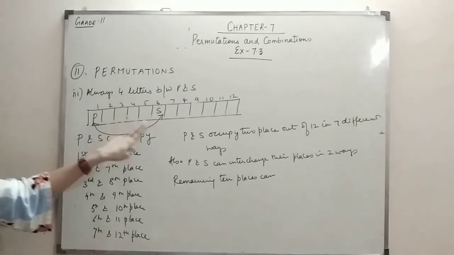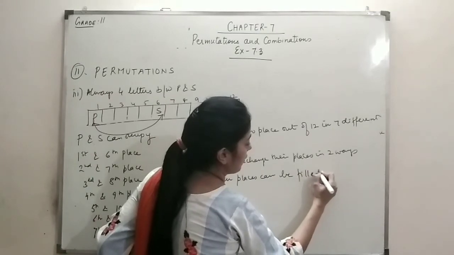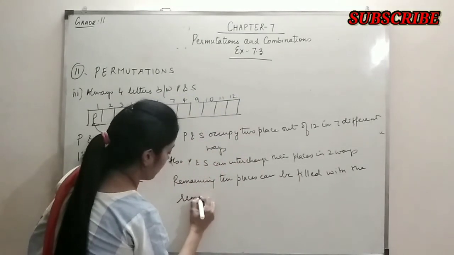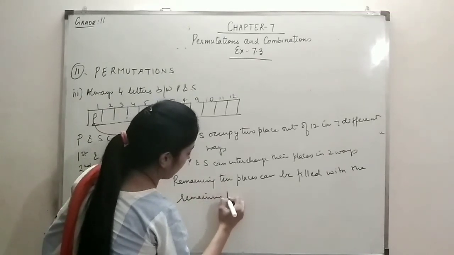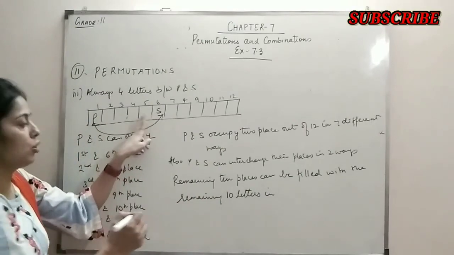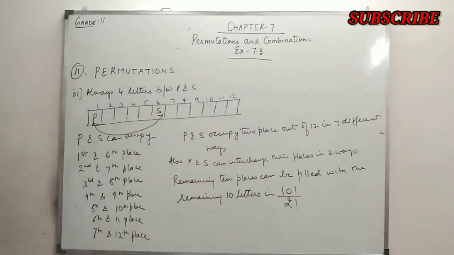In how many ways? There are 10 letters in total. Out of that P is repeating, that is 2 factorial. So 10 factorial upon 2 factorial.